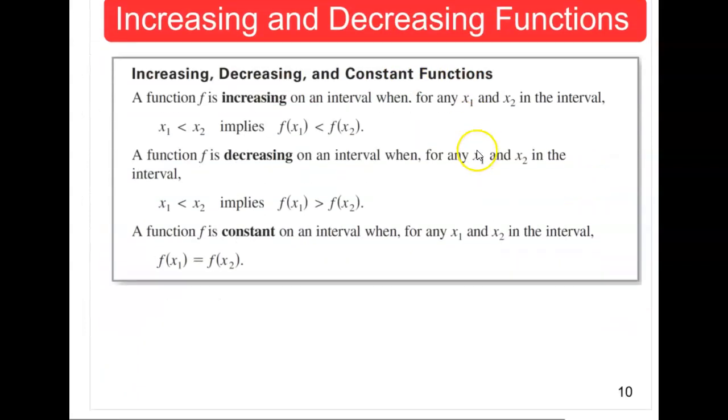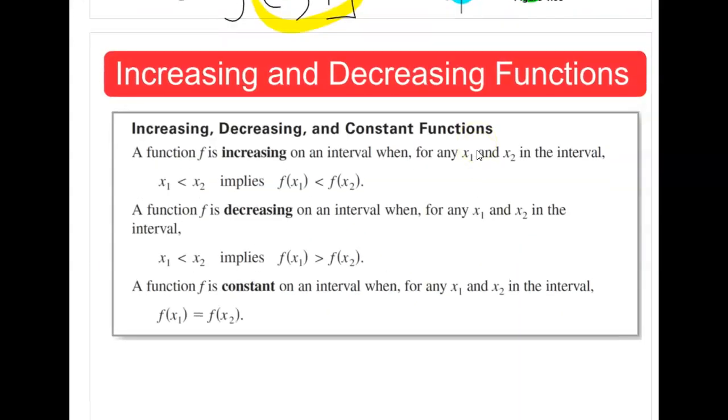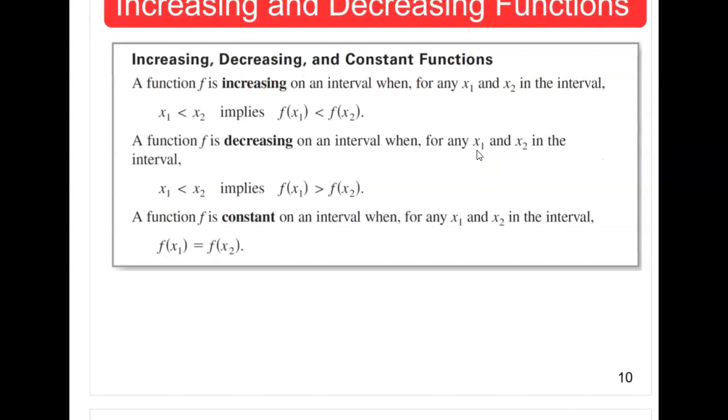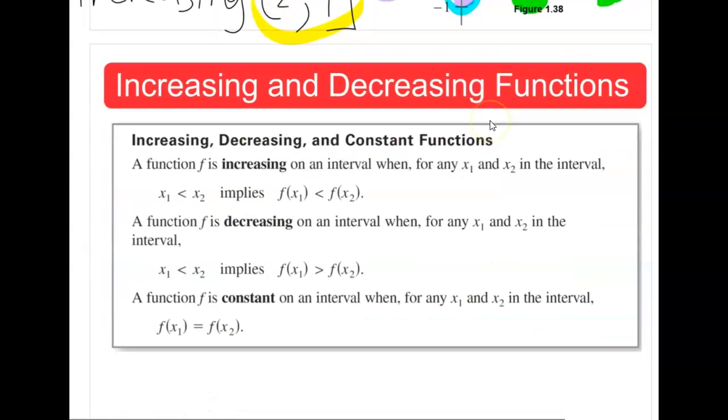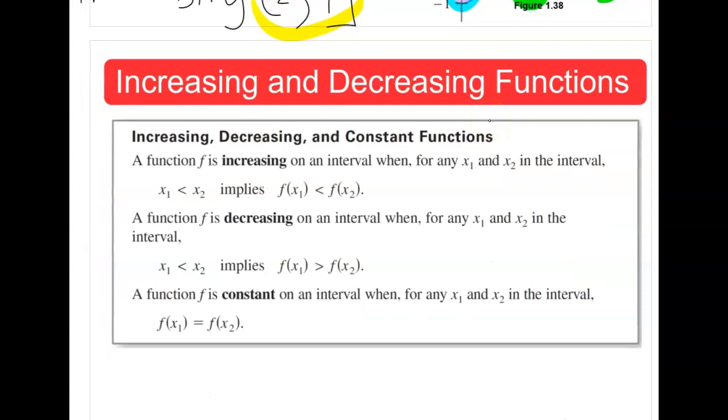Okay, so here's a formal definition of increasing, decreasing functions, and also constant. So a function will be constant. Let's start with it. If we have for any x1 and x2 that are different, and the y values are equal. So the inputs are different. That's why they're labeled with a different subscript.